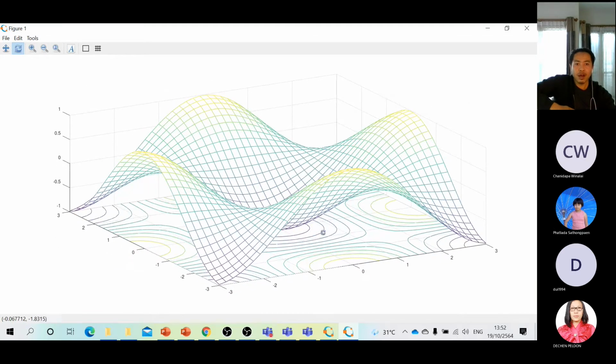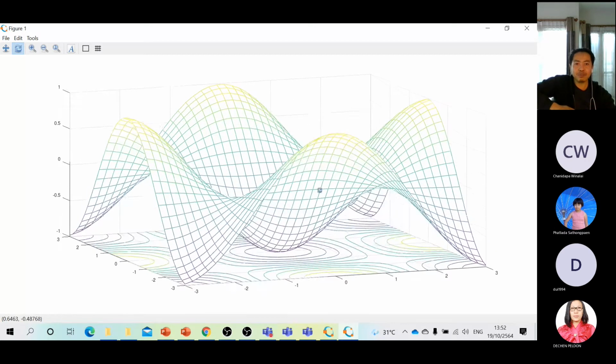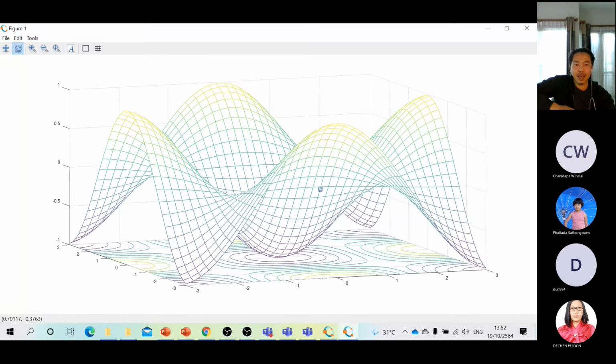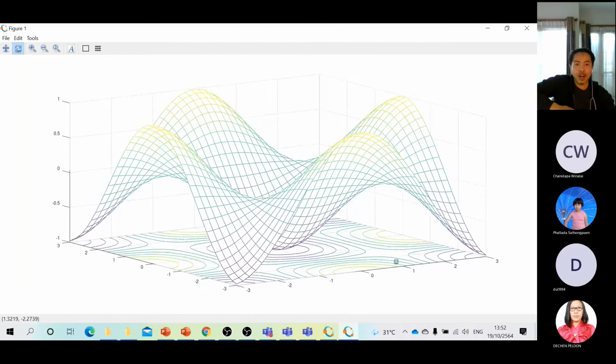We have pi over 2, pi over 2. What kind of point is that? Is that a minimum? If you look at the curve of the surface from this angle, it's not a minimum. You see, it's a maximum from this angle.